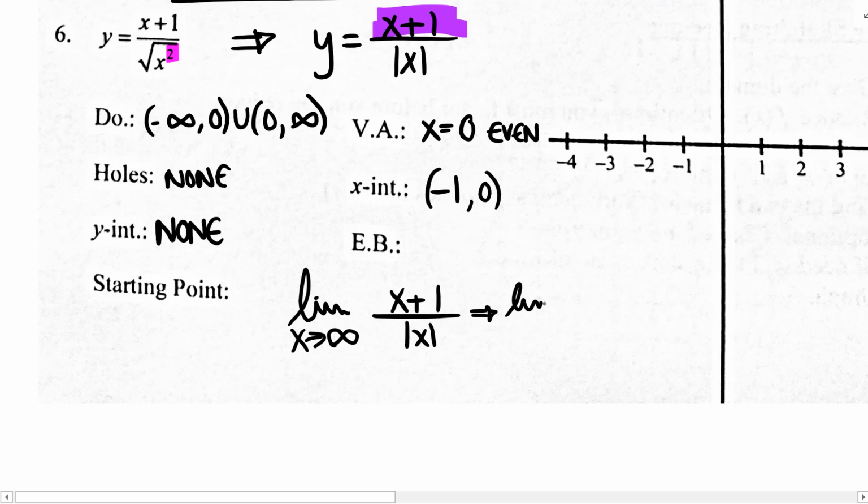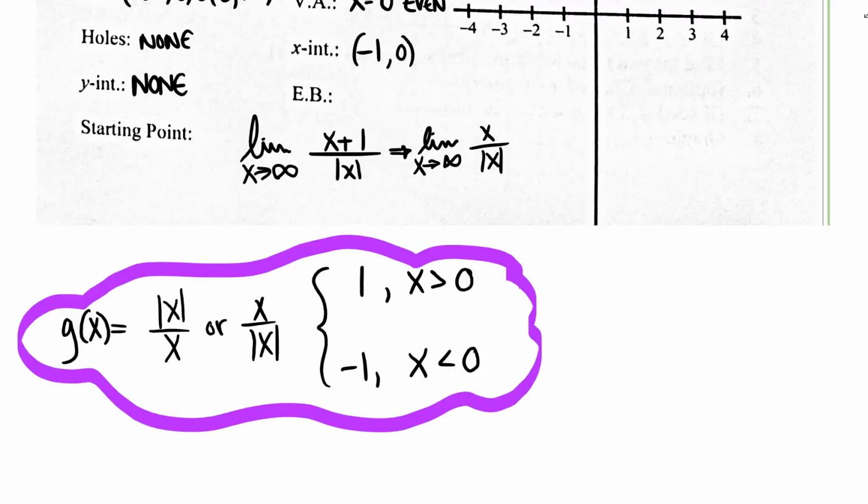This is going to be basically equivalent to taking the limit as x approaches infinity of x over absolute value x. And looking at this piecewise, given by absolute value x over x or the reciprocal, which is equivalent, as x approaches infinity, that would be x is greater than 0, so we would use the first piece. We approach 1, so this should be 1.